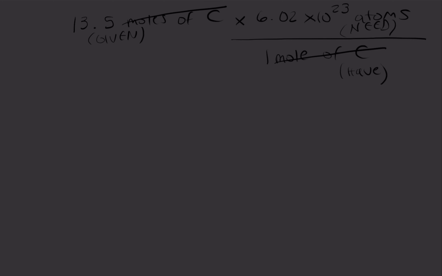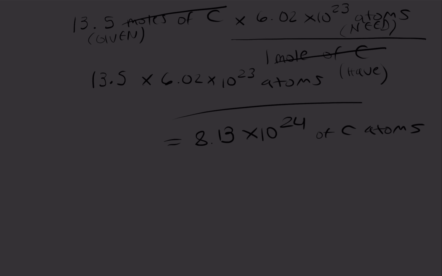So then what we have left is 13.5 times 6.02 times 10 to the 23rd atoms. And then if we multiply that across, we will get 8.13 times 10 to the 24th carbon atoms. And that is our answer for the second part of that question.